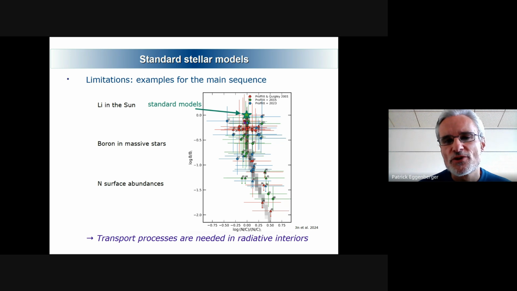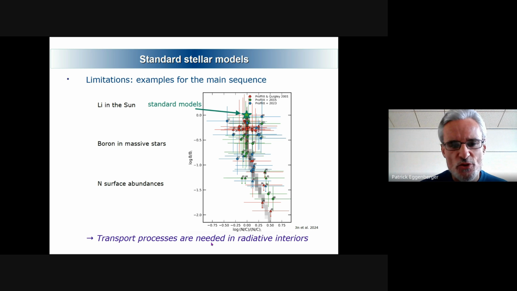If we have a standard model, we could only explain one point. If you want, the star on the main sequence just stays without boron depletion, without change in nitrogen, while, as you see here with a recent paper by Jean and collaborators, you have a large depletion in the boron abundances at the surface of the star, which is another indication that some transport of chemical elements must take place in this star instead of having a simple radiative zone without transport of chemicals.